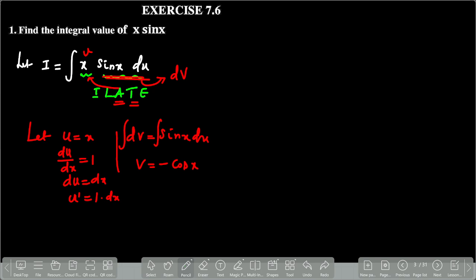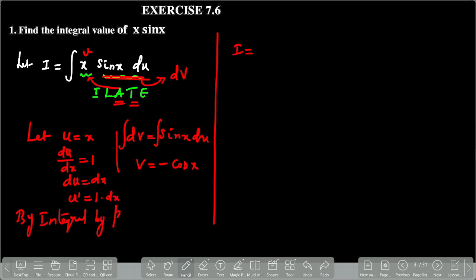Minus cos x. Don't bother about c; we are going to adjust it finally. Now, what is the integration? Listen carefully, students. I equal to, what is the formula? Integral by parts: integral u dv equal to uv minus integral v into du.